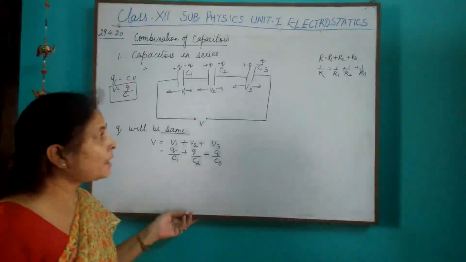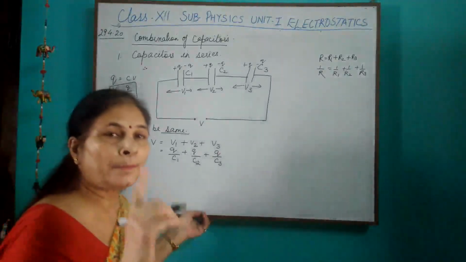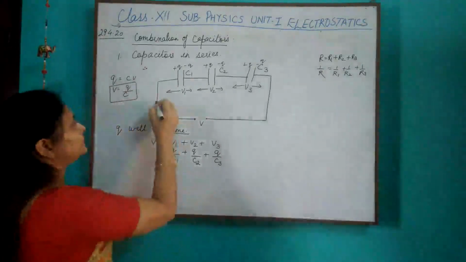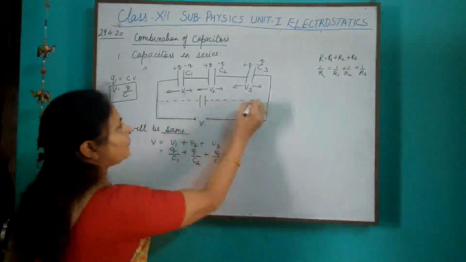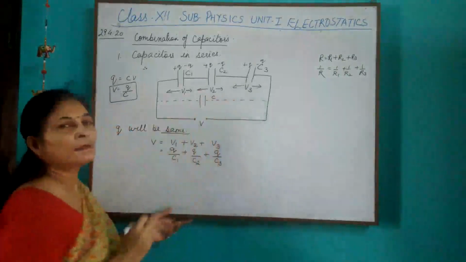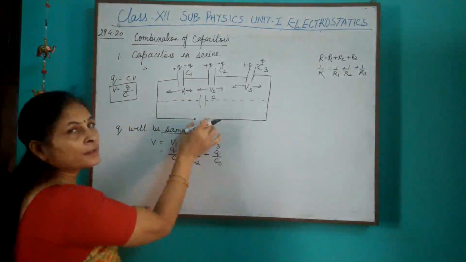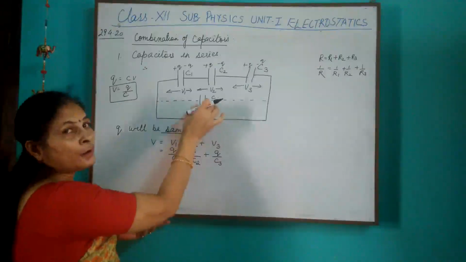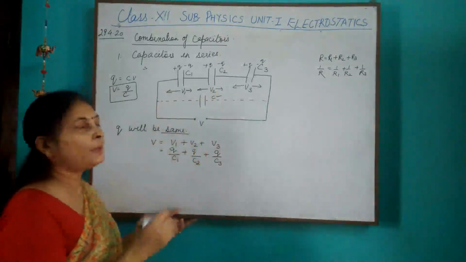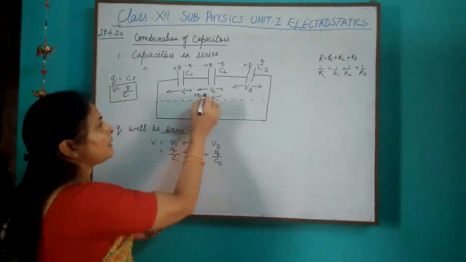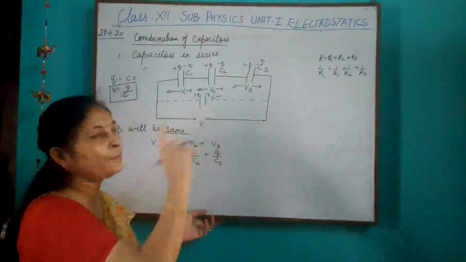C3. Now suppose in place of these three capacitors, I want to only keep one capacitor, say capacitor of capacitance, say C. Then all of the potential difference will drop across capacitor C. Only the charge certainly is going to remain Q only, because in series the charge is going to remain the same.